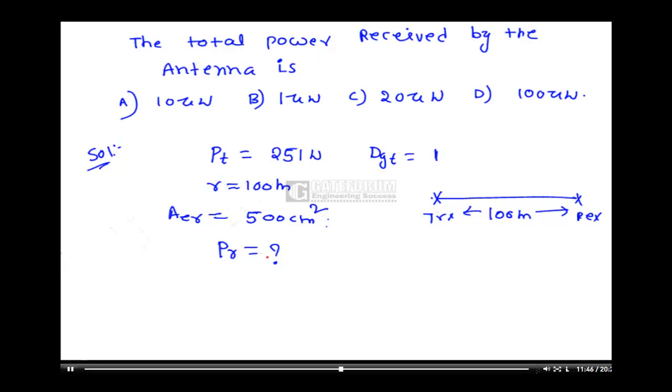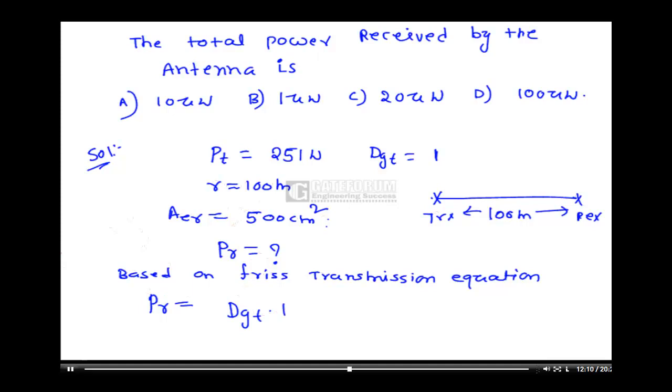Here we know that total power received is given by the Friis transmission equation. Based on the Friis transmission equation, PR is equal to DZt into DZr into lambda by 4 pi r whole square into power transmitted.